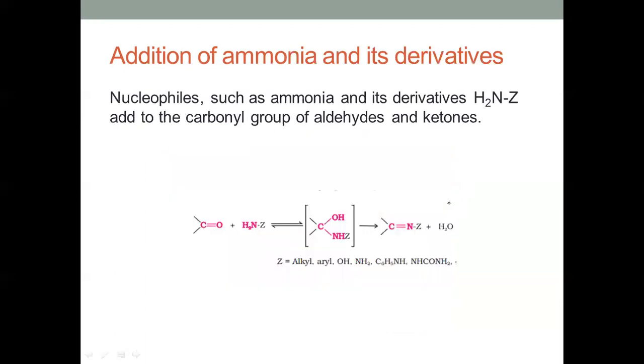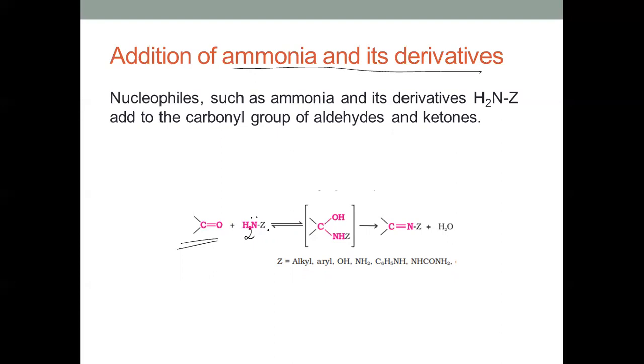Now let's look at the addition of ammonia and its derivatives to aldehydes and ketones. This is the carbonyl compound, and this is ammonia or its derivative. If Z is H, then it is ammonia. If Z is something else like alkyl, aryl, OH, NH2, C6H5NH, or NHCONH2 (semicarbazide), then it is called a derivative of ammonia.